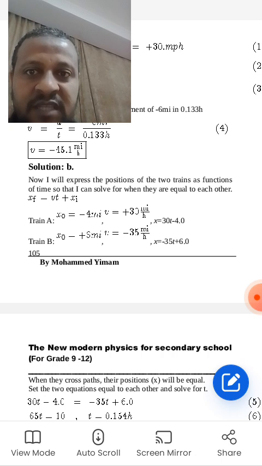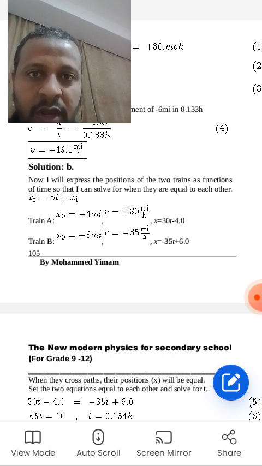X final is equal to Vt plus Xi. Train A, x naught is equal to minus 4 miles, V is equal to plus 30 miles per hour. So x is equal to 30 times t minus 4.0.